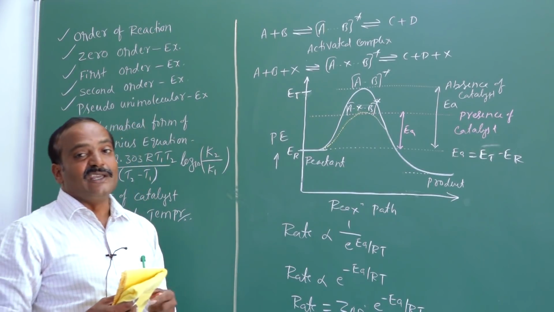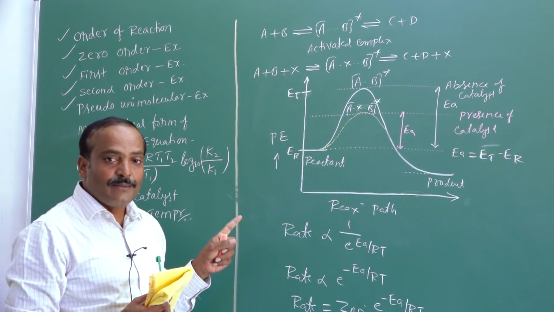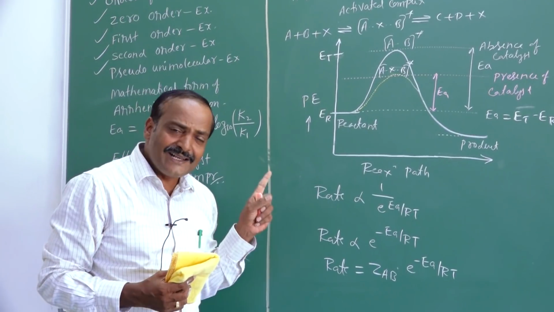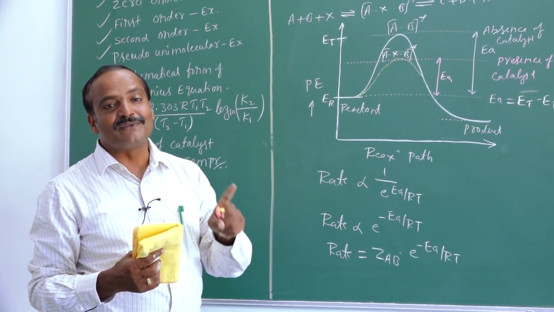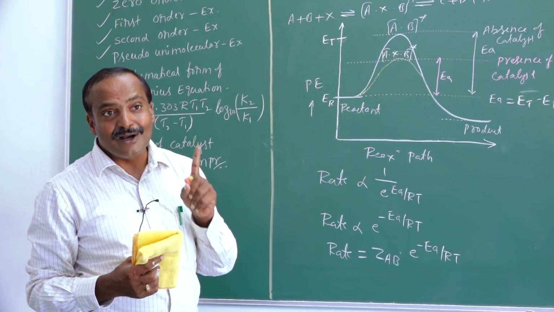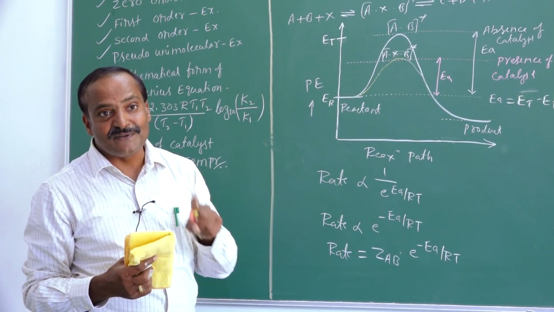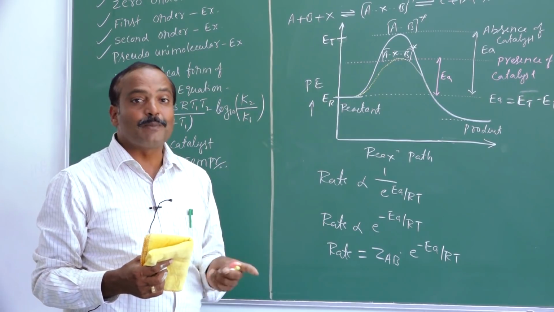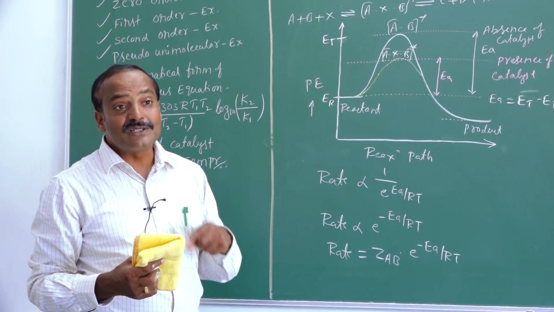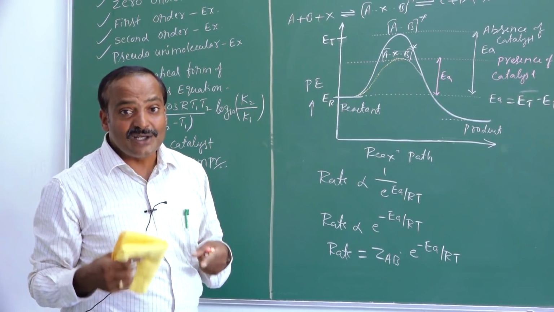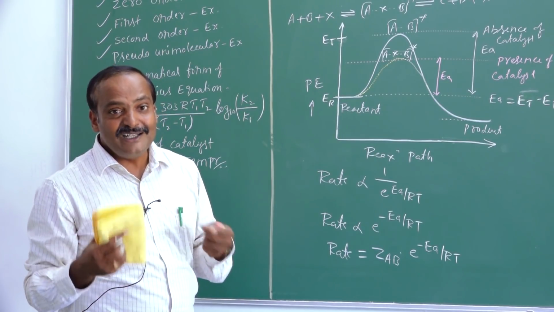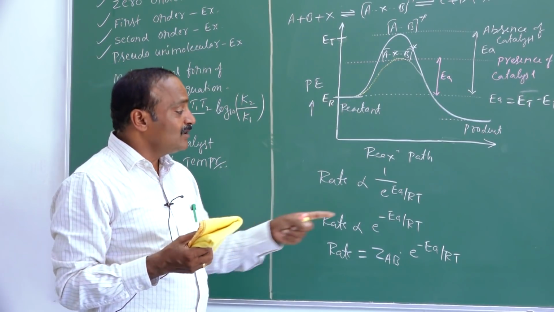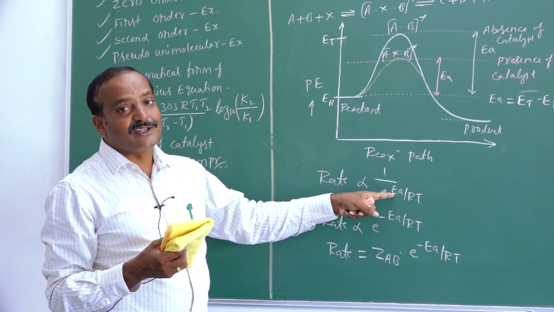According to collision theory, the rate of chemical reaction is directly proportional to the number of collisions per second per unit volume of the reaction mixture. This is called collision frequency or Arrhenius frequency, and inversely proportional to activation energy.